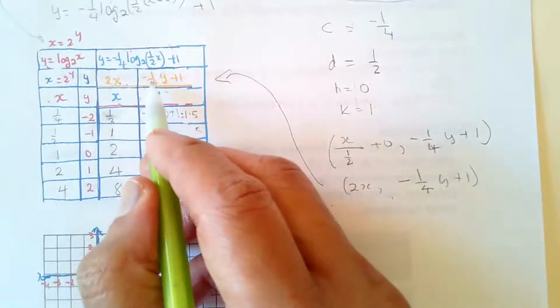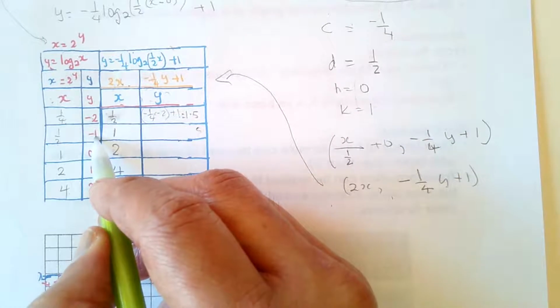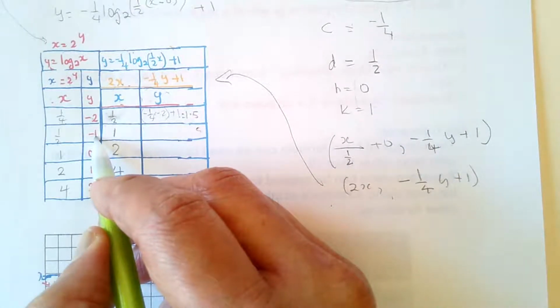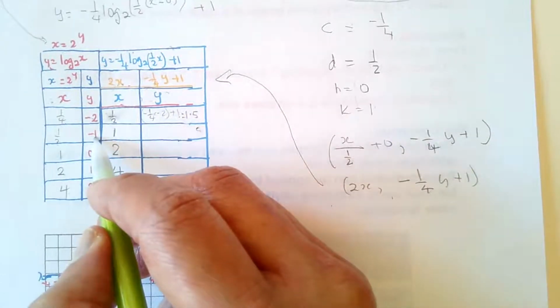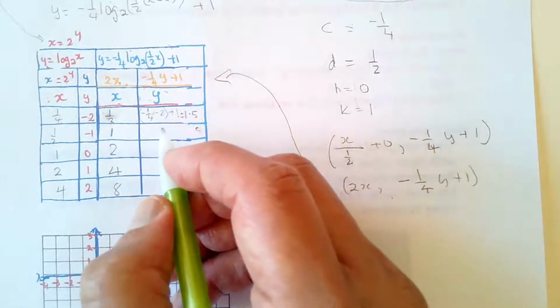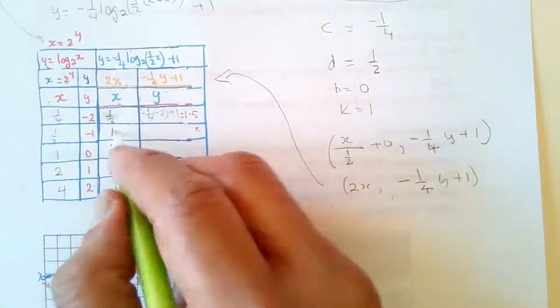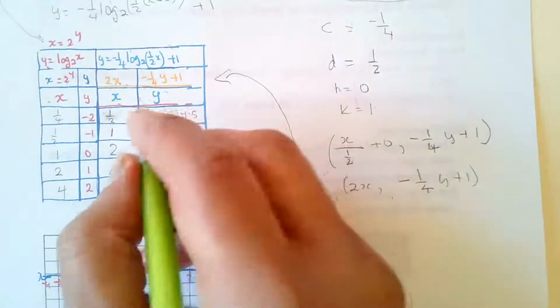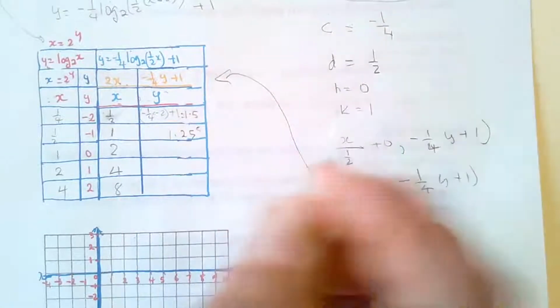Then I have -1/4 times -1 will give me positive. There you go. -1/4. Now plus 1 will give me 1.25. So this is 0.25 plus 1. So we have this will be 1.25.